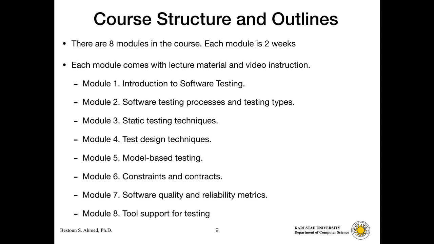Then we will go to static testing techniques, sometimes called static analysis, and then module 4 has test design techniques, then modern model-based testing, and constraints and contracts when you design test cases, and then software quality and reliability metrics, what the metrics are, and finally the tools that we need to know about.